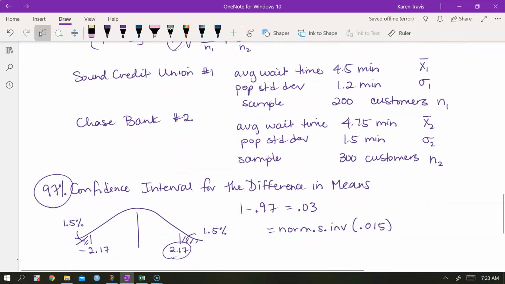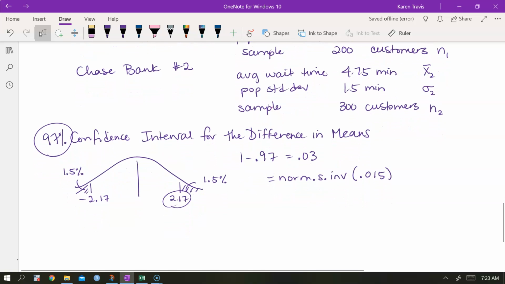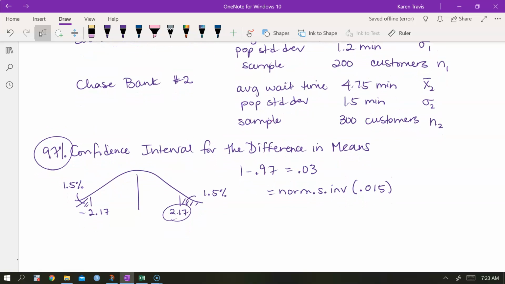Okay, so now we can plug everything in. We need the difference of the means, which is 4.5 minus 4.75. We need to add, let's do the upper first.